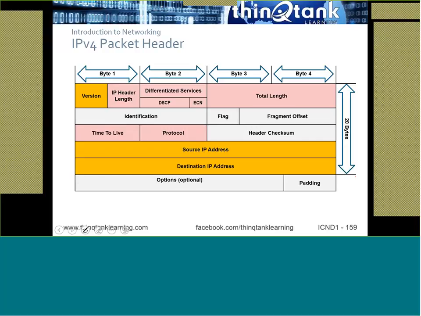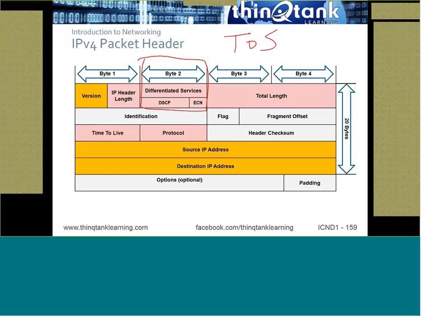All right? So the header length tells us if the header is 20 bytes, if it's 30 bytes, if it's 40 bytes, or whatever. All right? So far, so good. The second byte, in the past, this was called the toss byte.